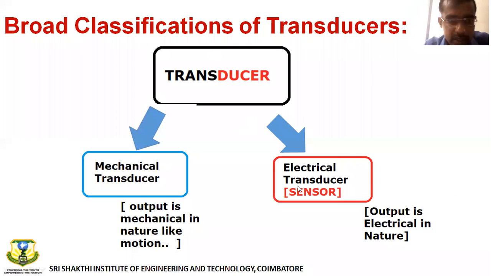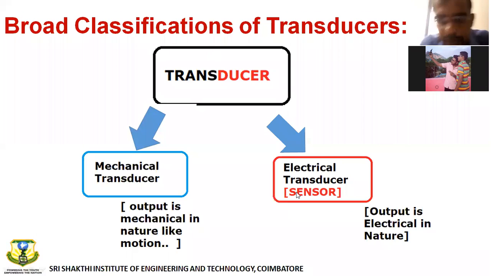So it is called a sensor because it senses the input and tries to produce an output. Hereafter, instead of saying electrical transducer, we will simply say sensor. So sensor means electrical transducer. It is not a mechanical transducer, right?